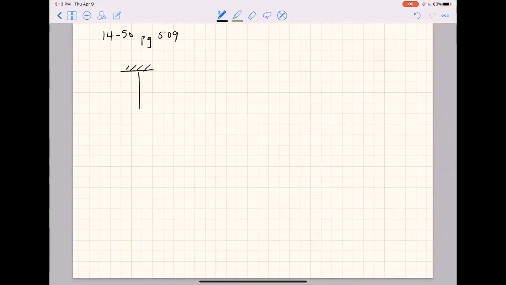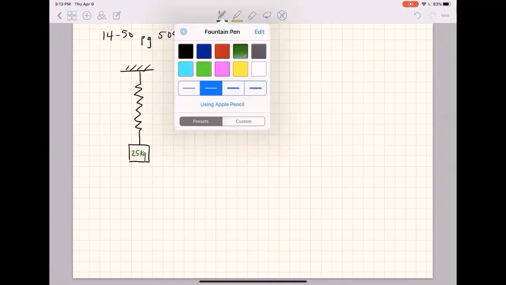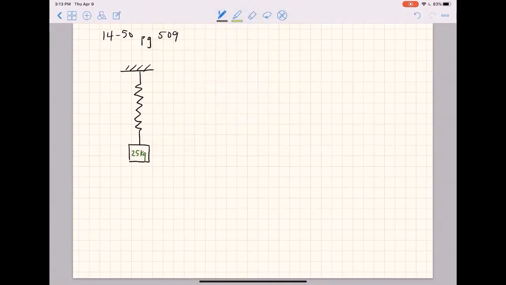So we have a spring here, which is attached to a block. And this block is 25 kilograms. And it shows that it is at a current displacement here of 1 meter.